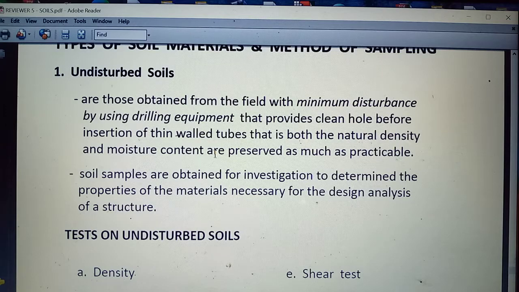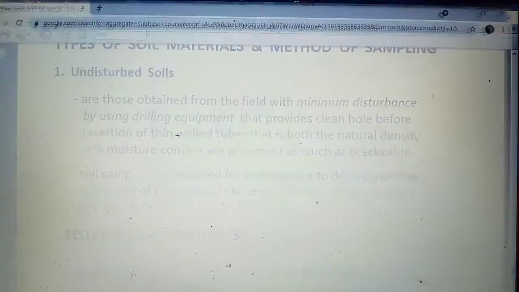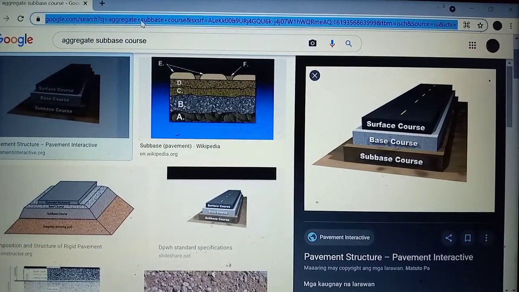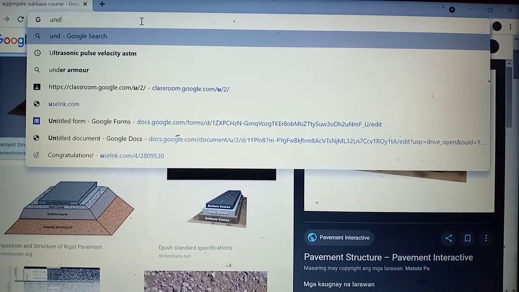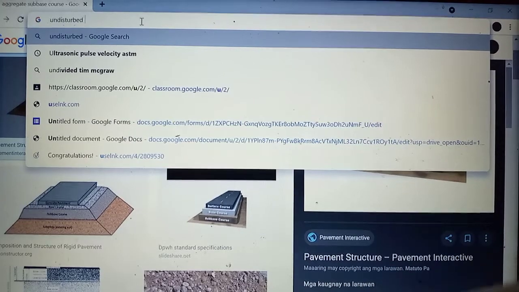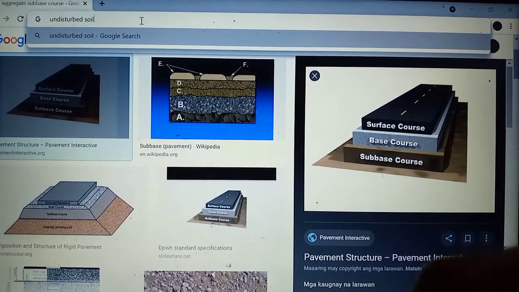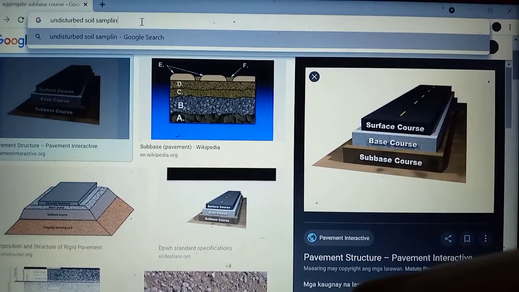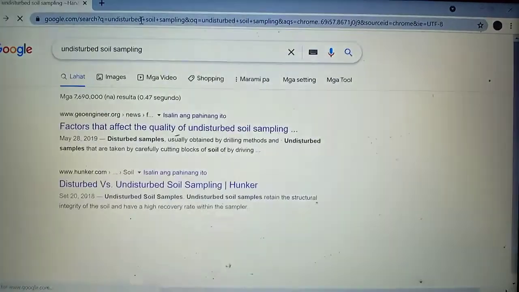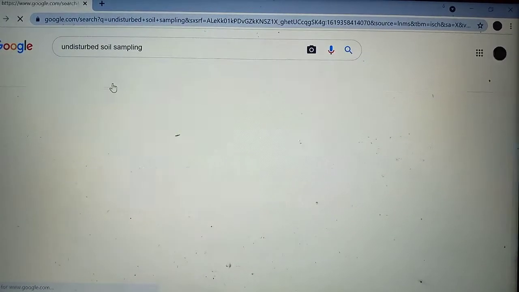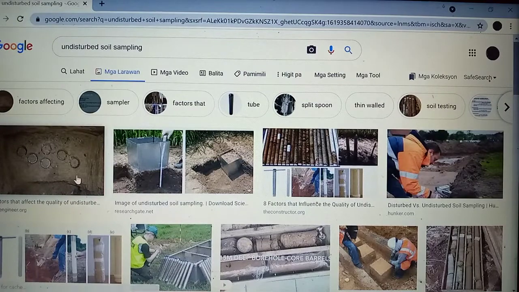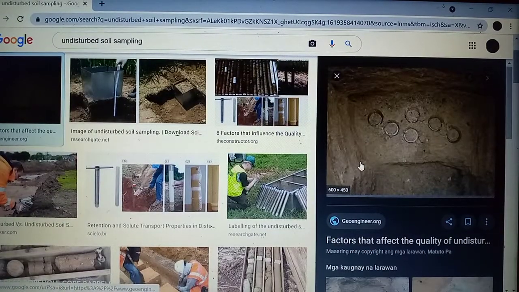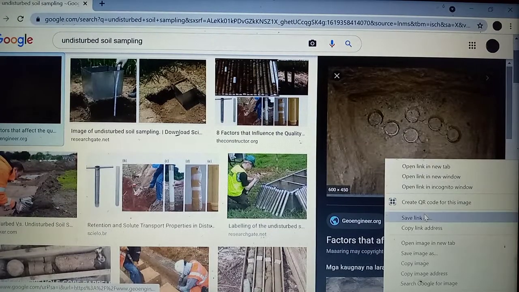Okay? Kumukuha ka. So, maybe we can ask Mr. Google about that, para mas malinawan kayo. Undisturbed soil sampling. Okay, yan yung images, yan yung pagkuha ng sample.